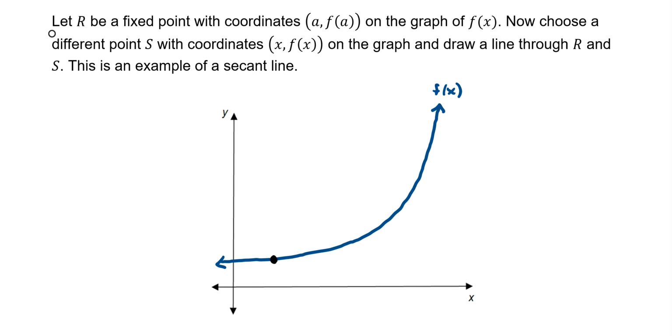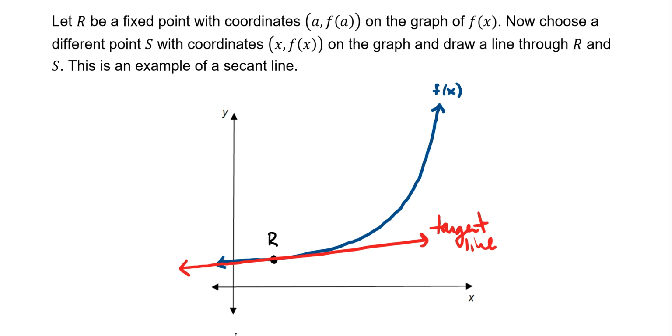So let's say we're talking about this point right here, which I'm just going to call point R, because we'll be coming back to calling it point R in a second. And let's draw the tangent line. So the tangent line might look something like that at point R, right? It's touching it at point R, seems to have the same direction as the curve at that point.